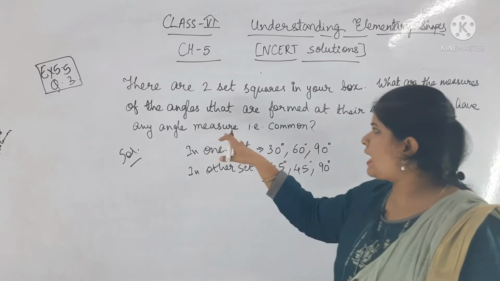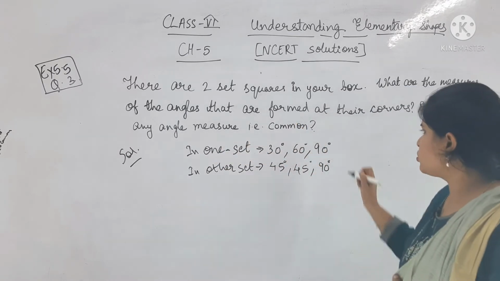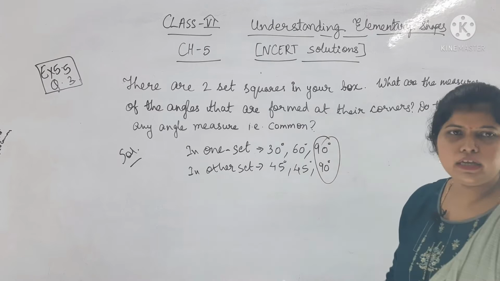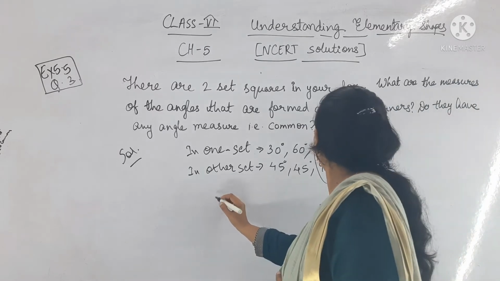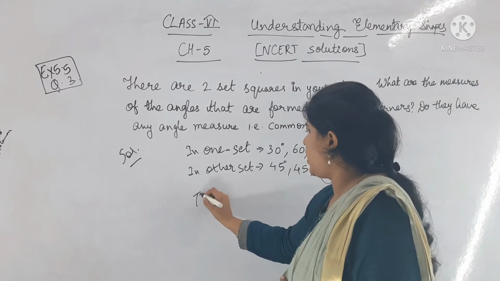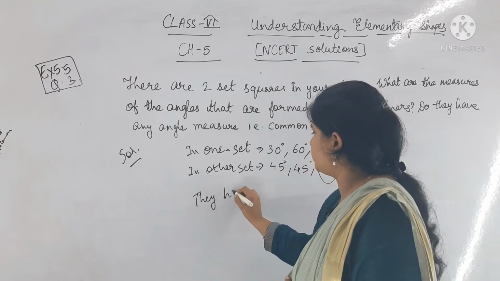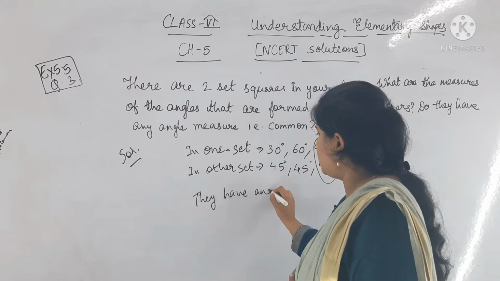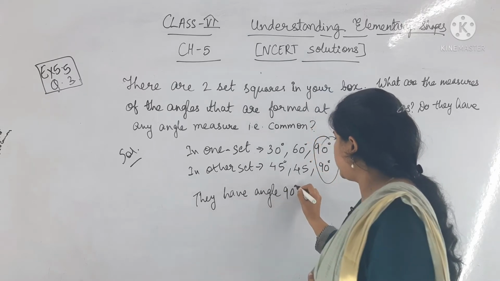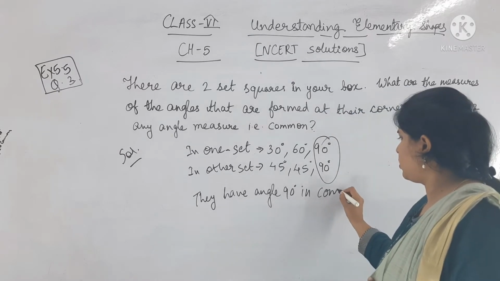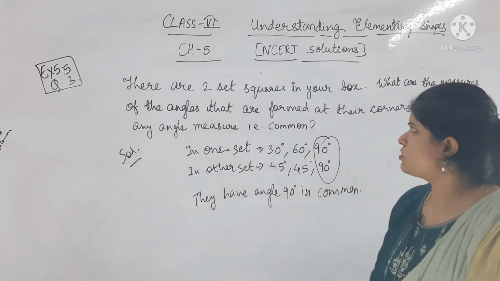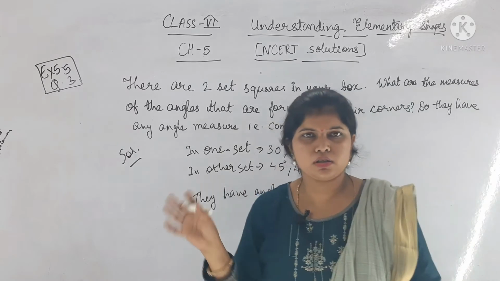Do they have any angle measure that is common? Here you can see this 90 degrees is common. So you write like this, they have angle 90 degrees in common.